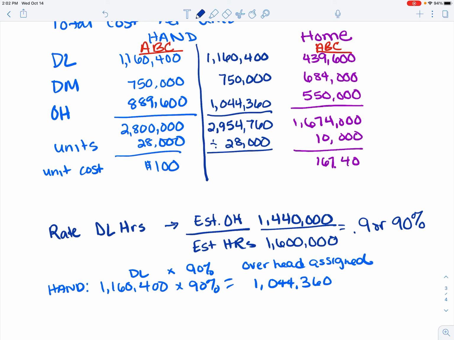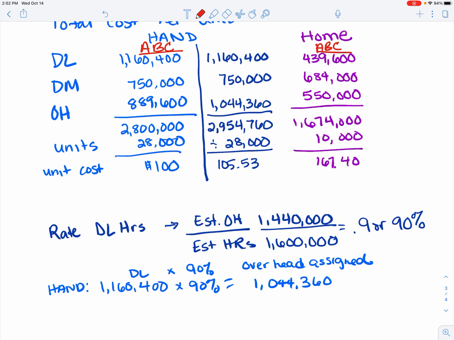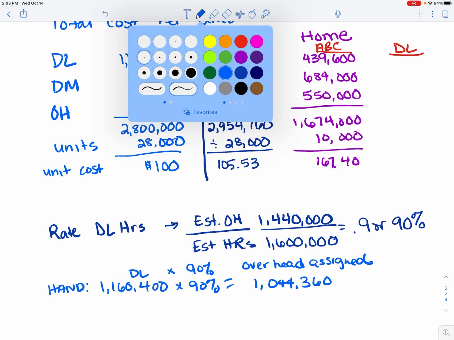So I can divide that and get a unit cost of 105.53. Not a huge difference, but it is something to consider that may be what's causing the problem. So that's our traditional method based on direct labor.